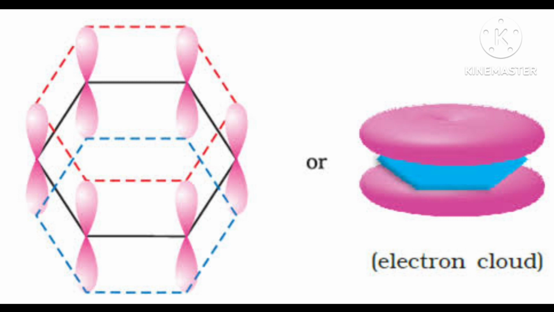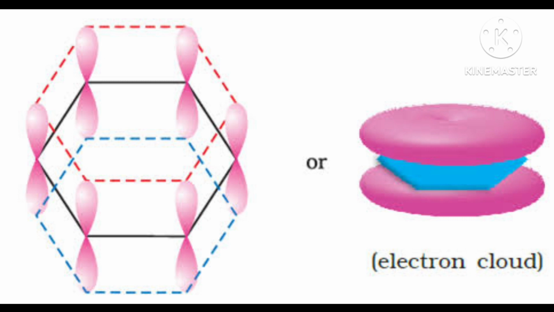These 2 sp2 hybrid orbitals of each carbon, one on the left side and the other on the right side, overlap with the sp2 hybrid orbitals of adjacent carbon atoms.